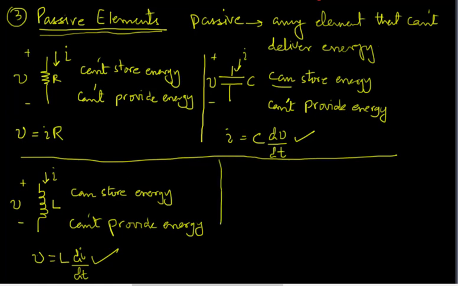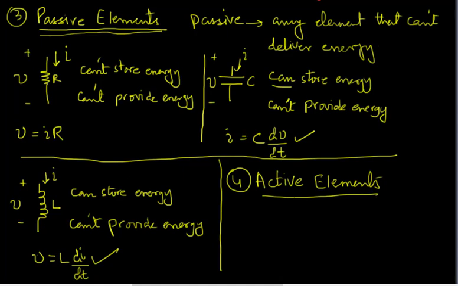Finally, the very last point is that there are elements which are called active elements, and mind you, they are outside the scope of this course, but we might see a couple of them in this course.